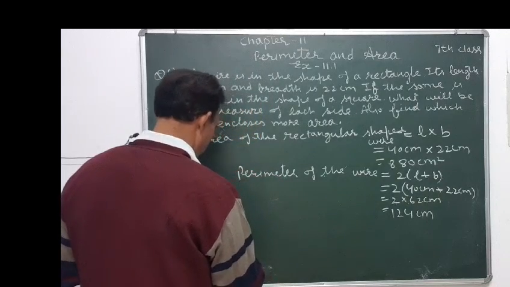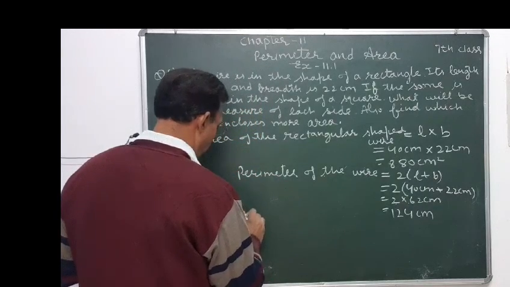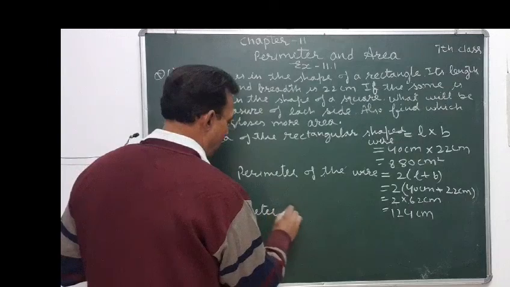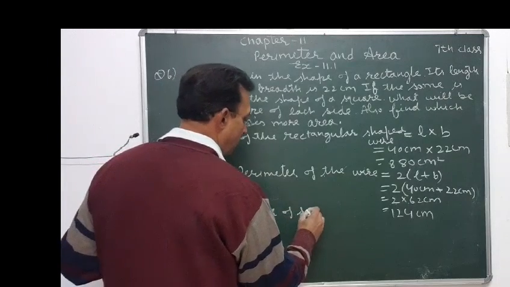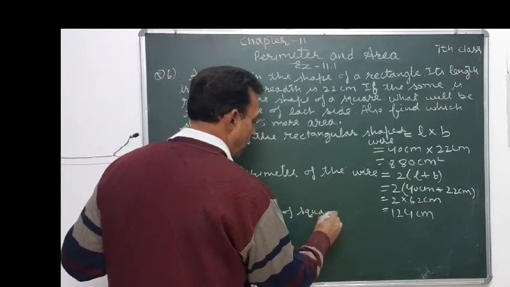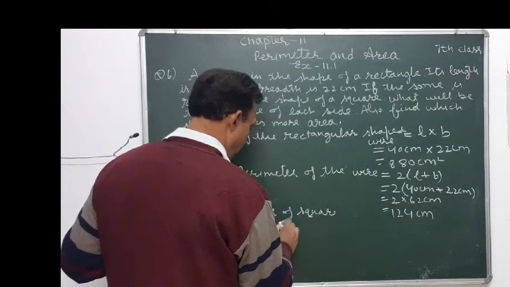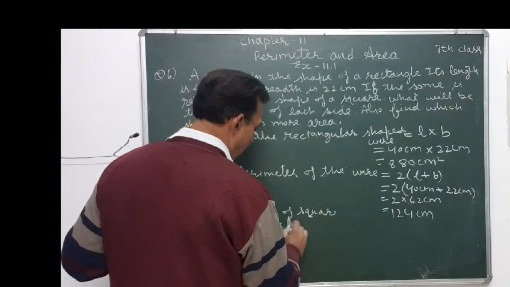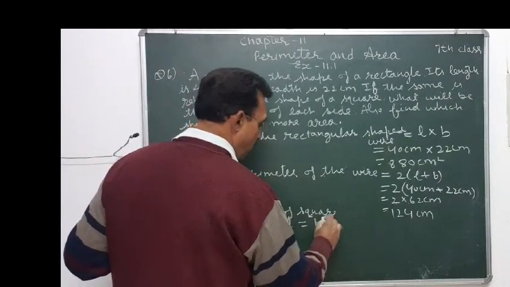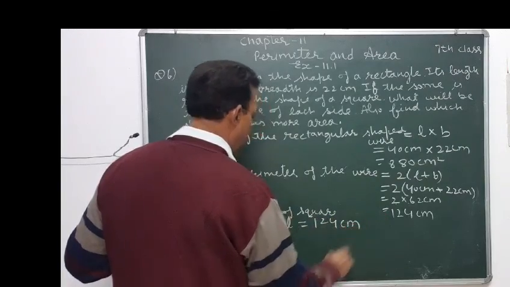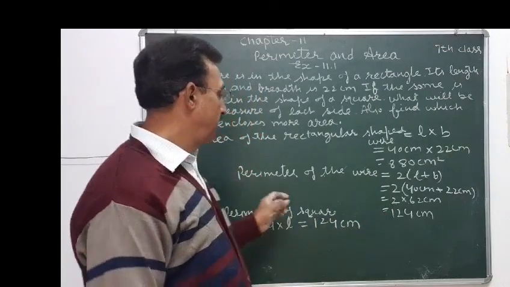So perimeter of square is 4 into L, or side, that is equal to 124 centimeter. Right?